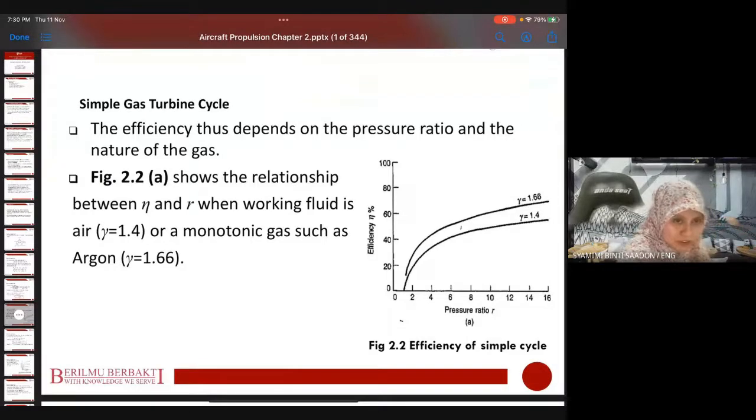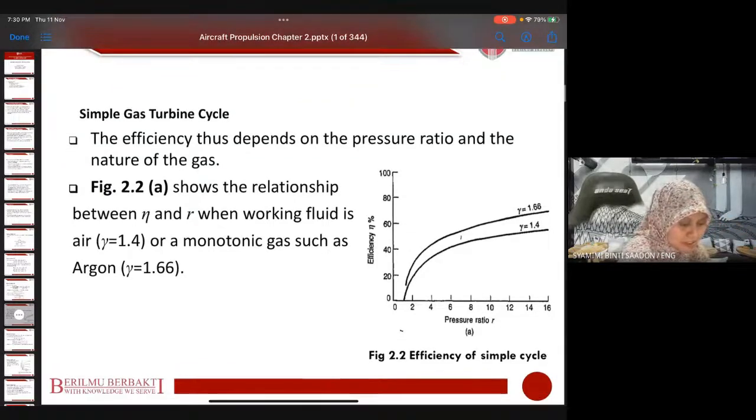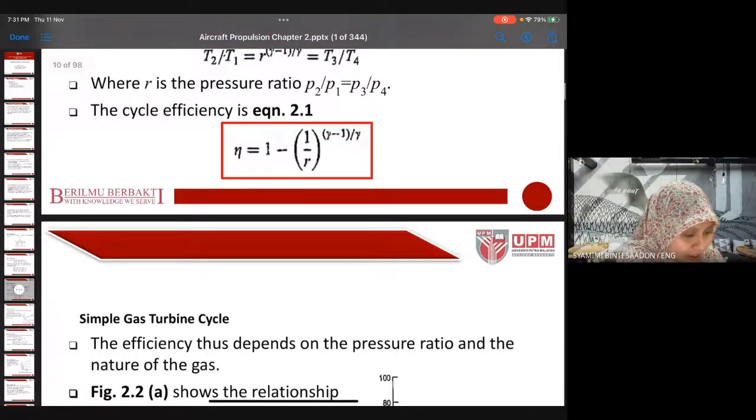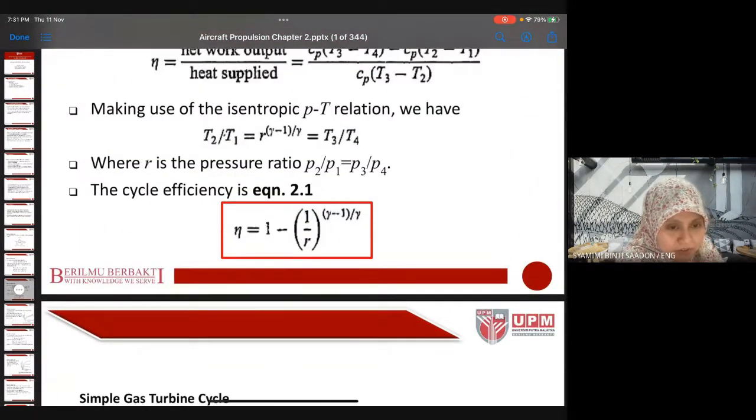So we were at this slide just now. I was explaining the relationship, the link between cycle efficiency and the pressure ratio. This figure 2.2 is sketched from the equation of efficiency that links the efficiency with the pressure ratio.